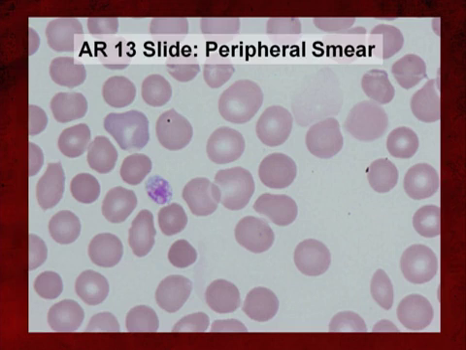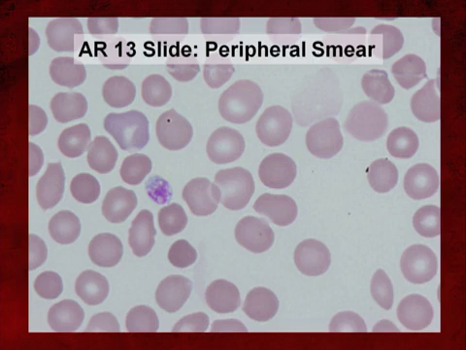Let me promise you, on a lower mag you were hunting around and you couldn't find any platelets. And when you found this platelet, what jumps out at you about this platelet? Big, right? Why is it big? It's young, okay?